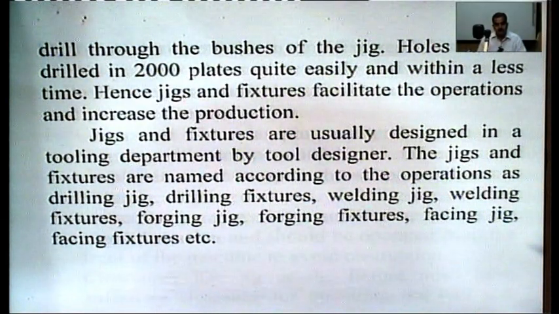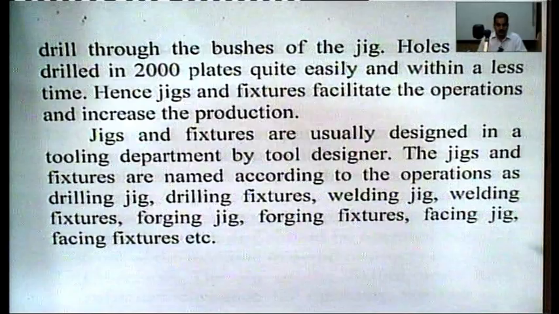Jigs and fixtures are usually designed in a tooling department by a tool designer. The jigs and fixtures are named according to the operations they are going to perform. If there is drilling, then jig and fixture may be called a drilling jig, a drilling fixture.